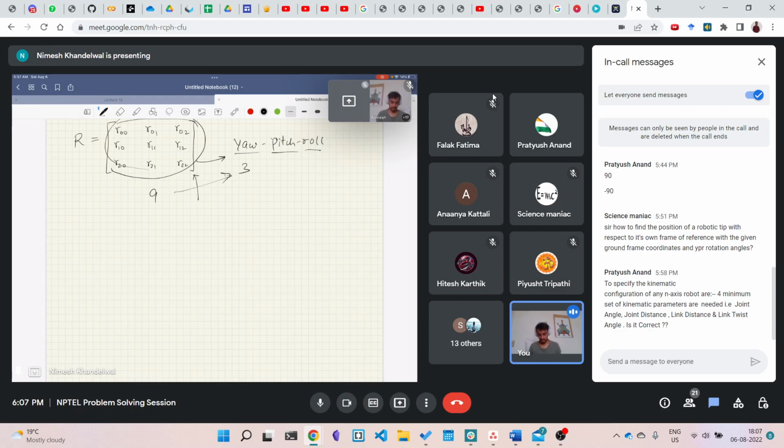Because for these 9 parameters, there are 6 equations that constrain them. So the rotation matrix still represents the orientation, because in the end it can only specify 3 independent parameters, since it has to satisfy 6 constraints.